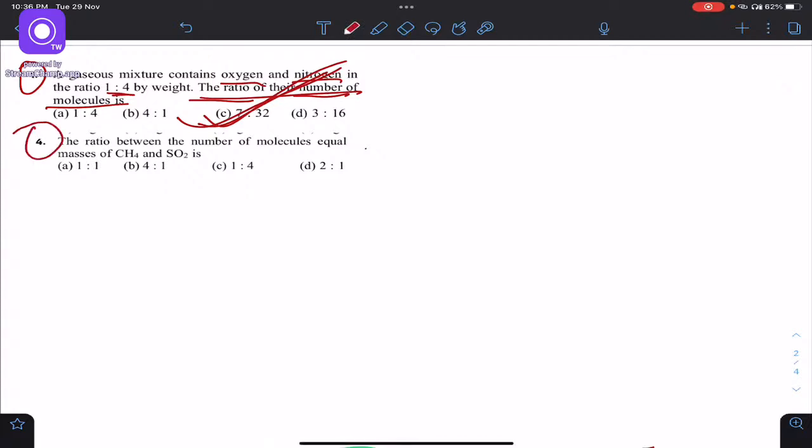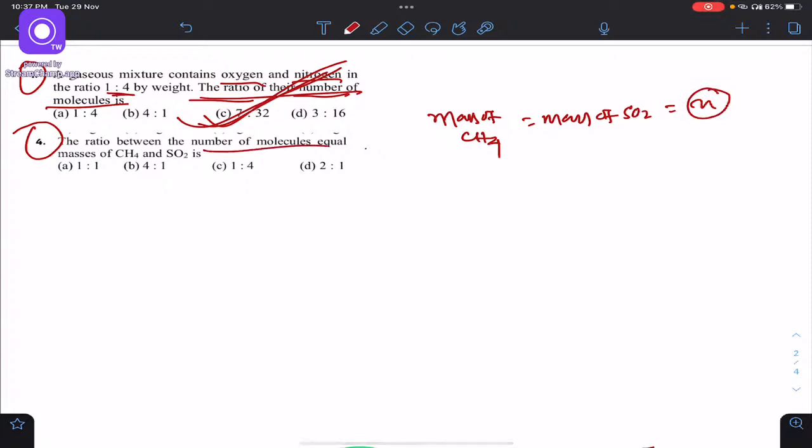The ratio of number of molecules for equal masses: let the mass of CH4 equal the mass of SO2, say X. Then number of moles is equal to given mass X upon molar mass of CH4, 12 plus 4, which is X upon 16.